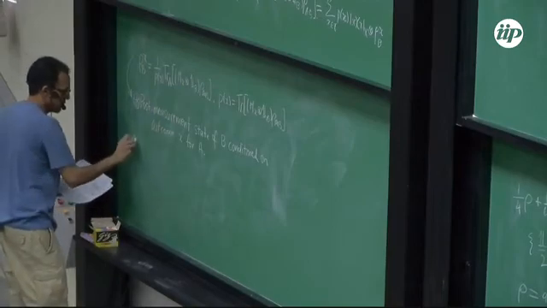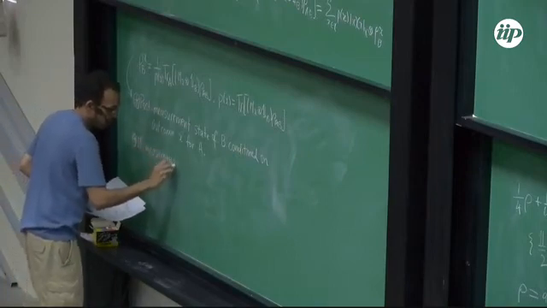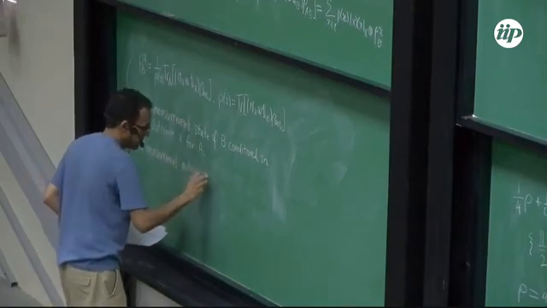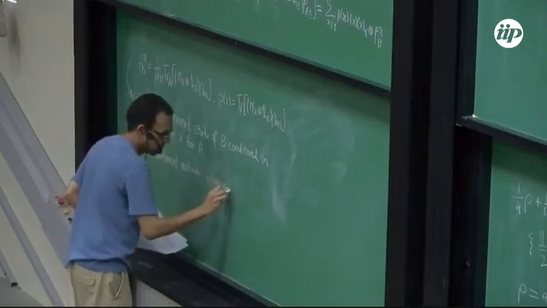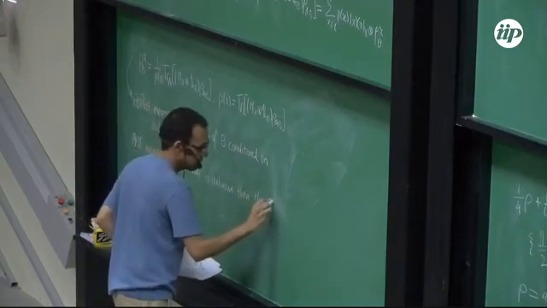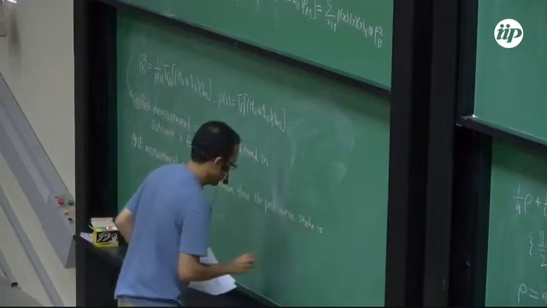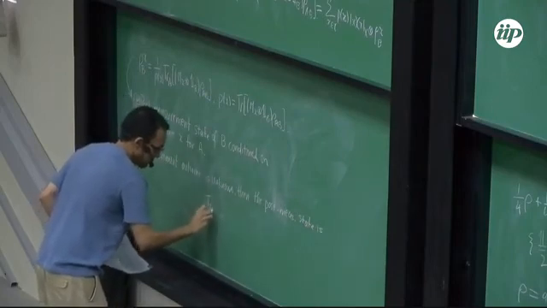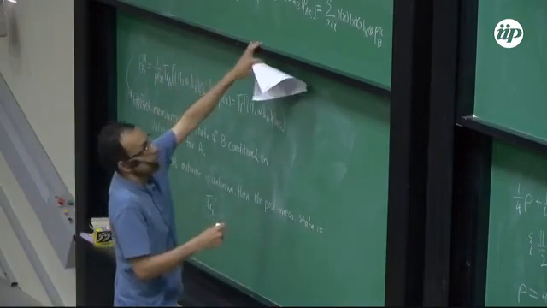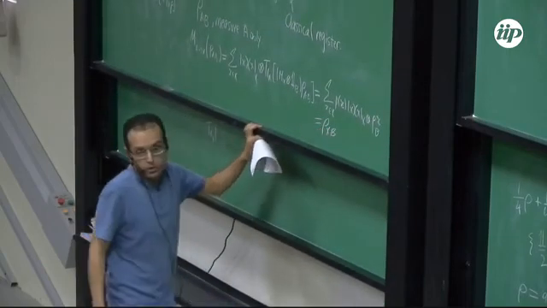If the measurement outcome is unknown, it's going to be the partial trace over X of this state. Let me call this state rho XB.